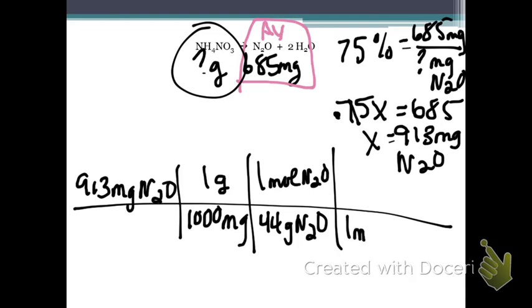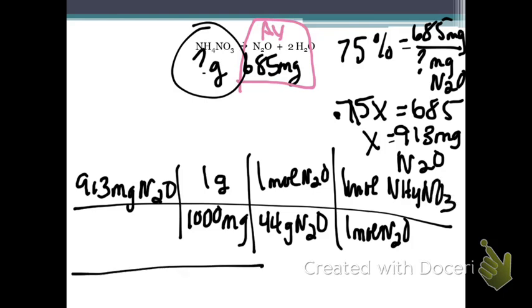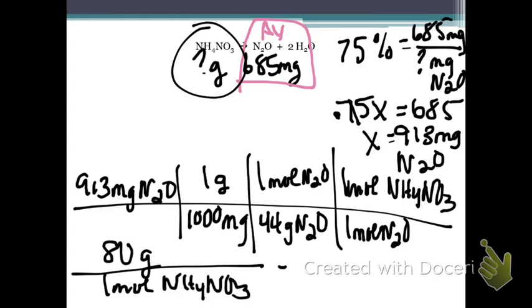Every mole of N2O is equivalent to a mole of NH4NO3. I'm out of room, going to come down here. And then every mole of NH4NO3 is equal to 80 grams. Calculate it out, and I get 1.66 grams of ammonium nitrate.